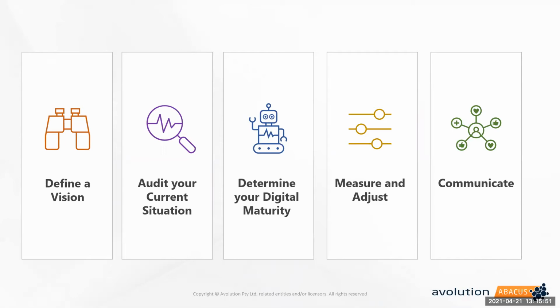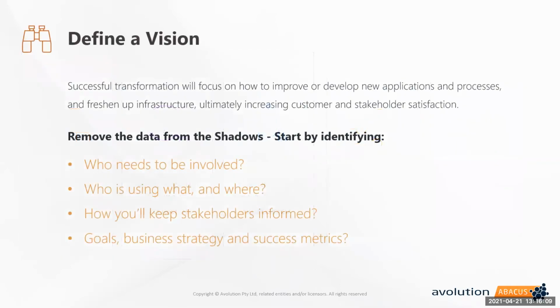The third is to determine your digital maturity, where we can later measure and adjust our way away from the current situation. And lastly, as mentioned earlier, a key step in the success of digital transformation is our communication. We'll touch on each of these topics.